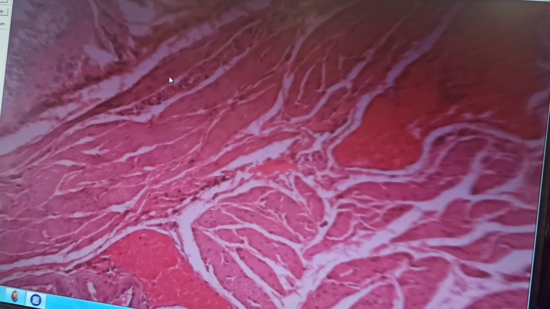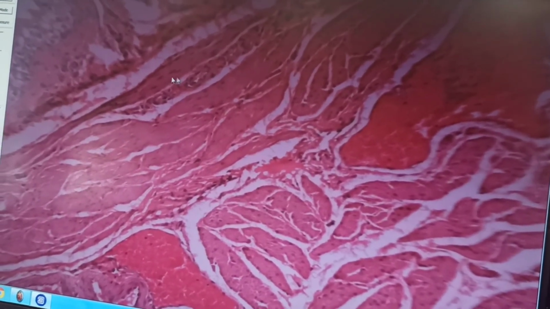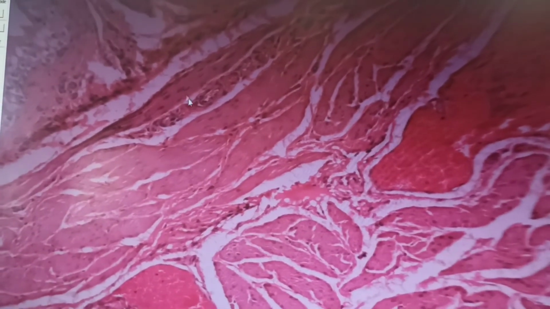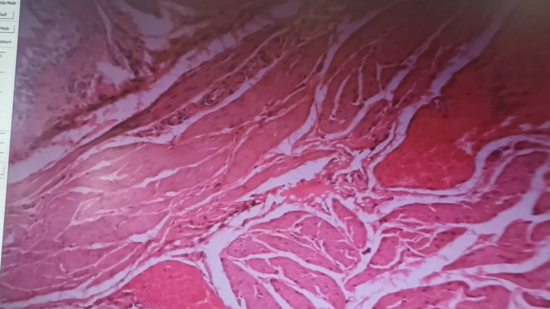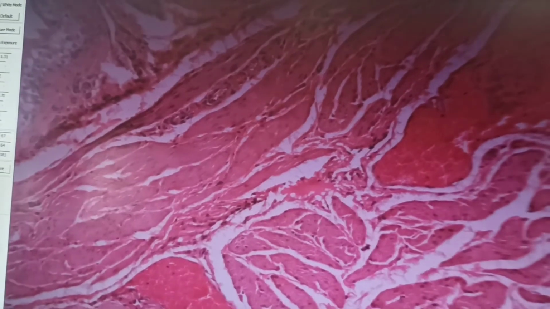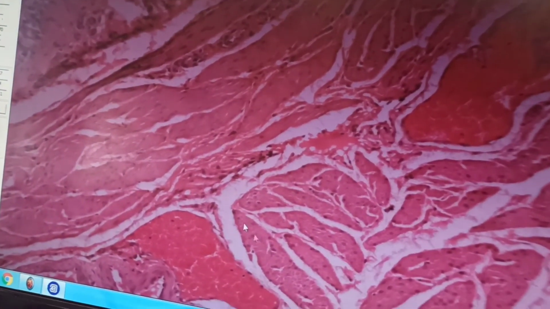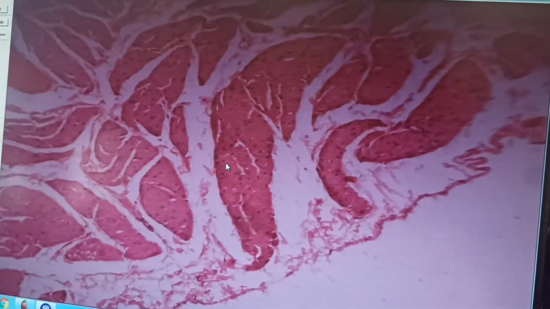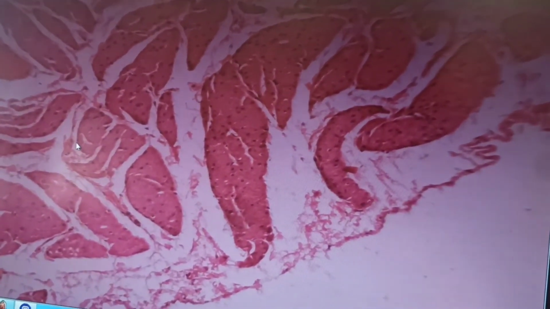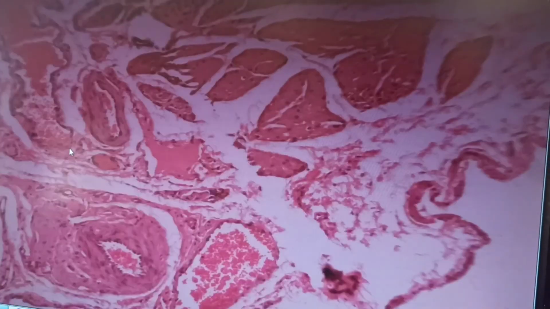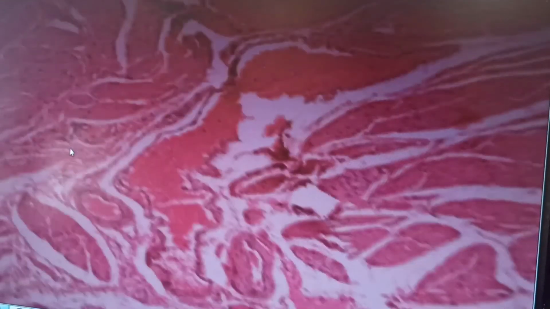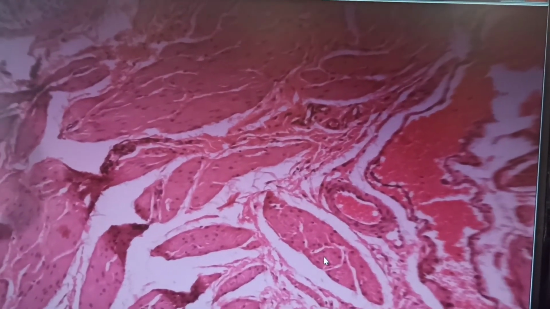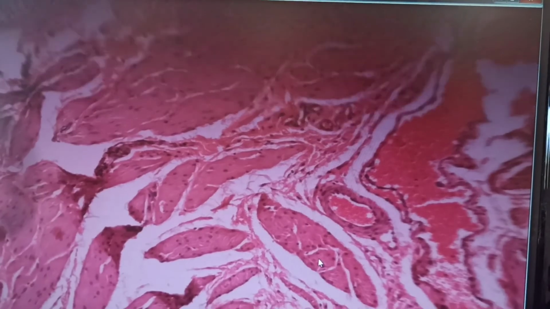In the muscular layer, here you can see the smooth muscle cells sectioned longitudinally. We have elongated nuclei. But here we have a cross section of the smooth muscle cells because we have round nuclei. Again here, longitudinal. In the medial part, most of them are longitudinal. In this part we have a cross section, or transverse section.